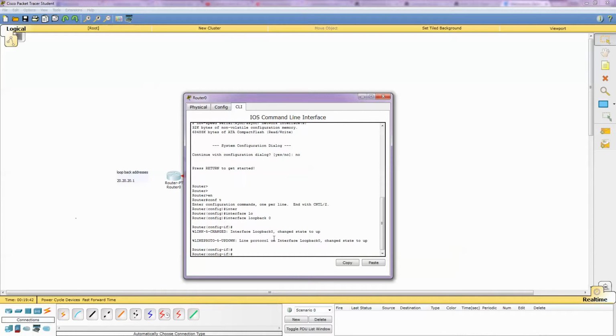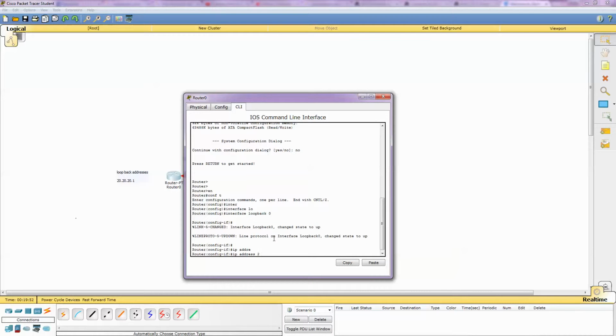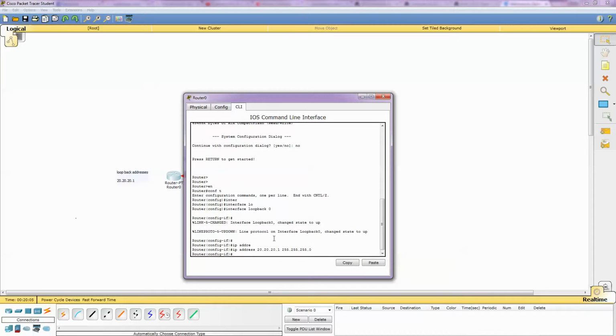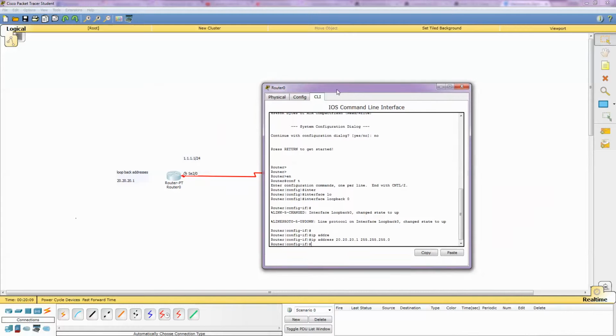By default the loopback port is up, so I'm giving IP address 20.20.20.1 and I'm setting its subnet mask 255.255.255.0. Okay, it's up, it's configured. That's it, the loopback address is configured.